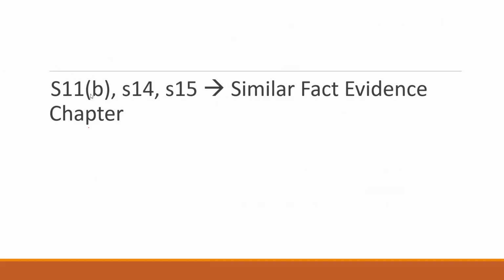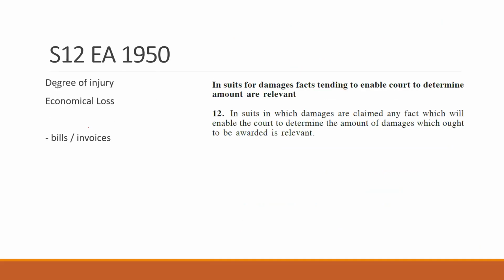Okay, and Section 11B, 14, and 15 are so-called similar facts evidence and shall be covered later lah. And Section 12 show damages. Okay, that means to say apa kerugian, what we call your loss, what is the degree of injury.